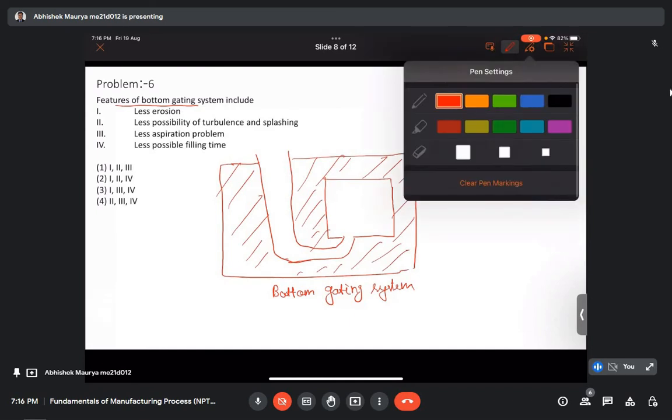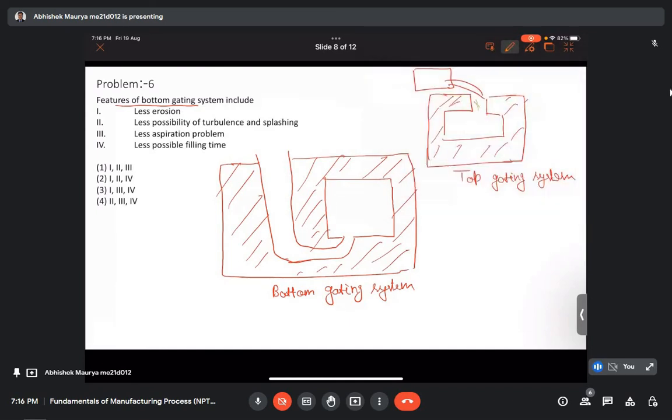So what happens is, we try to pour molten metal inside the cavity. Here the cavity is open. This is the cavity region, and this is the cavity region, and our aim is to fill the whole cavity region with the molten metal.